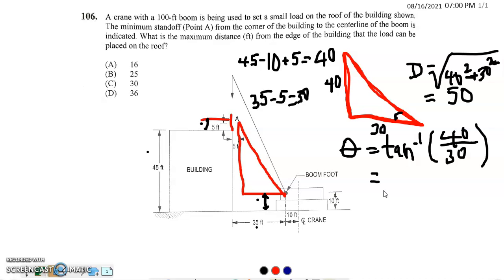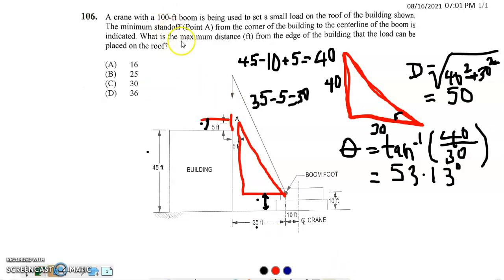So that should be 53.13. Uh-oh. Okay, let me erase that one. 53.13. That's the angle. So now that we know the angle, the rest is actually easy.